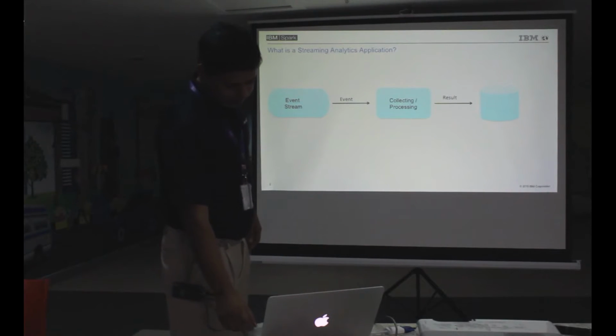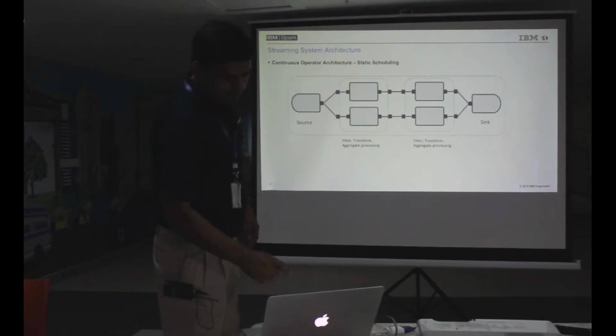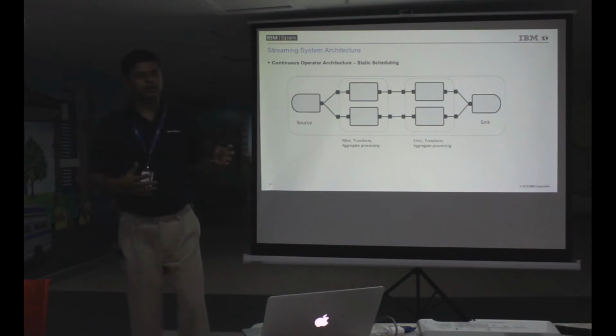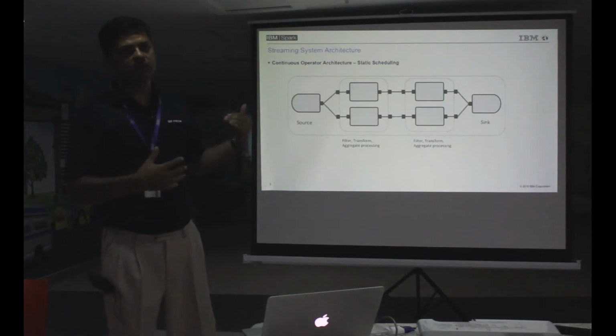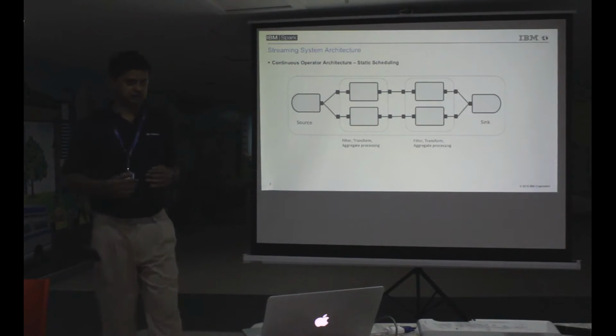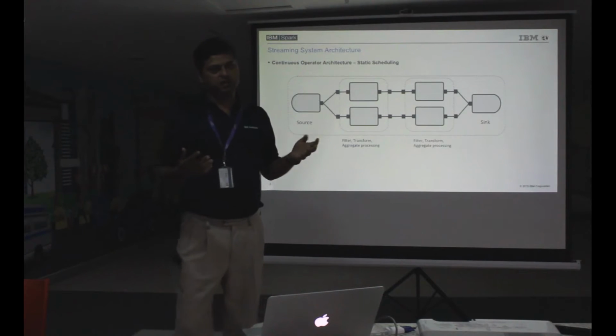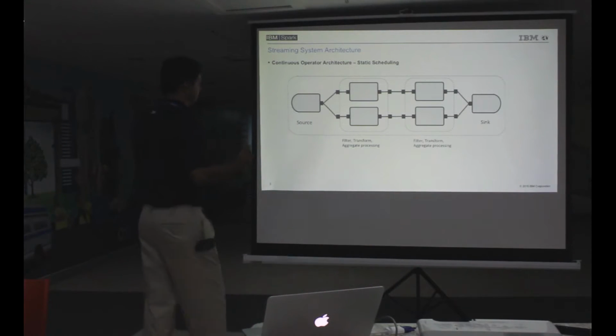Right? Okay, given that we know this, I will then step into the various streaming systems that we are talking about today. The 2 kinds of architectures that are there, right? This is what we call the continuous operator architecture. The other way to look at it is static scheduling.